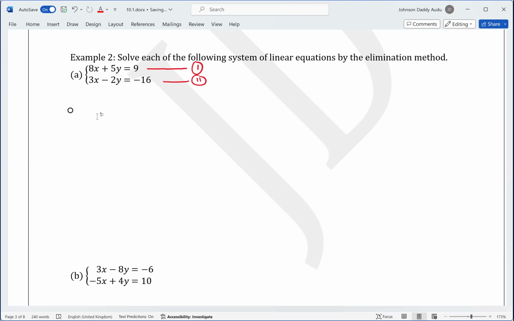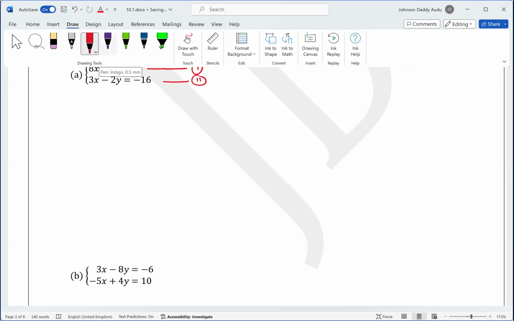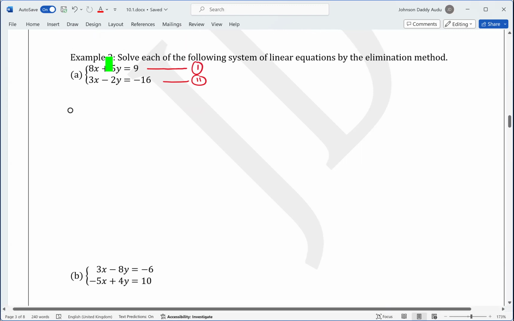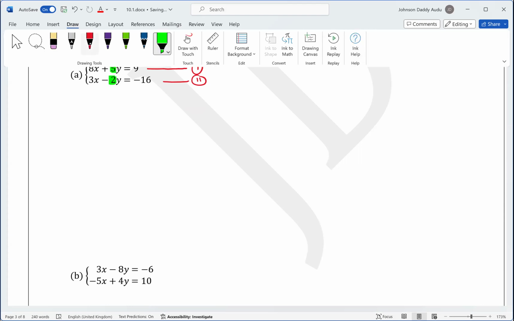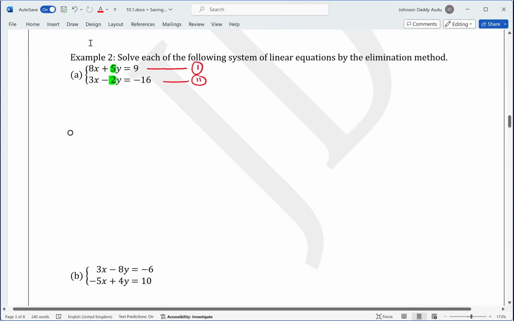For example here, let's eliminate y. We can eliminate x, it is okay. But if you want to eliminate y, it means you want these coefficients to be additive inverses of each other.